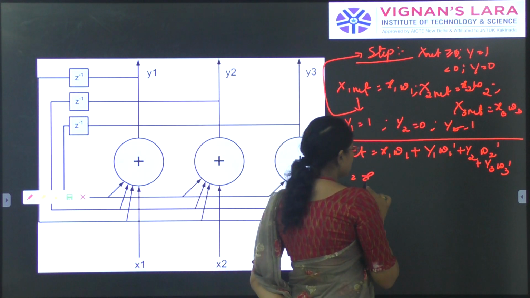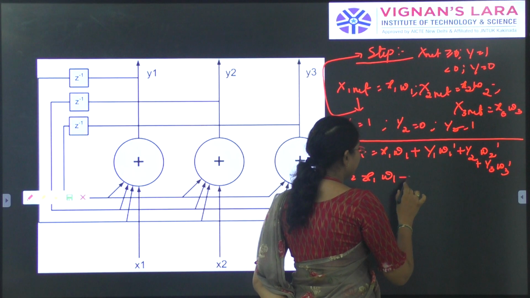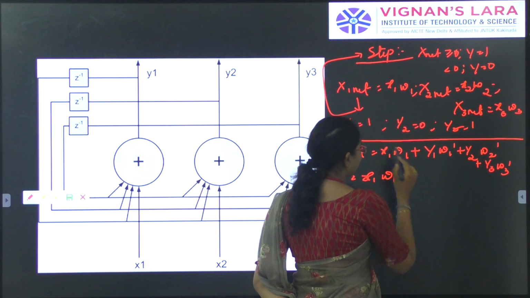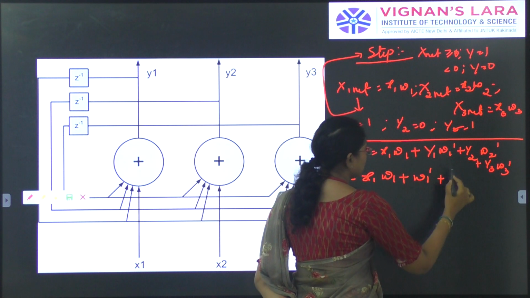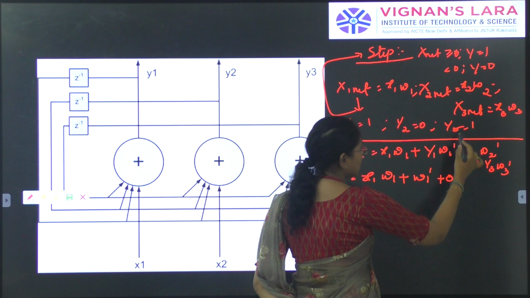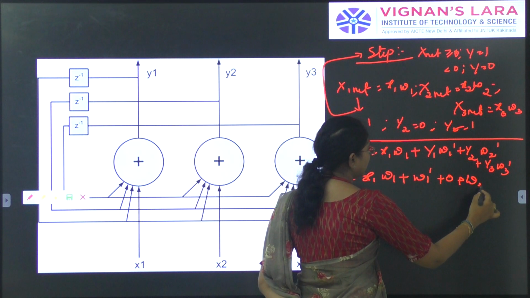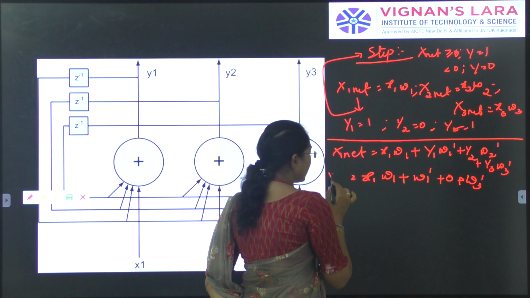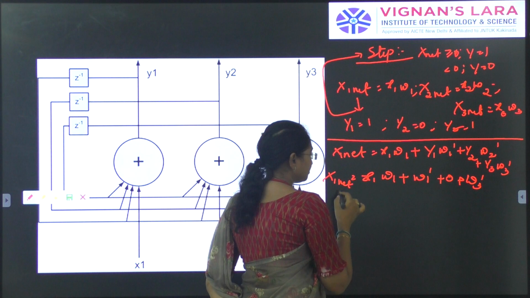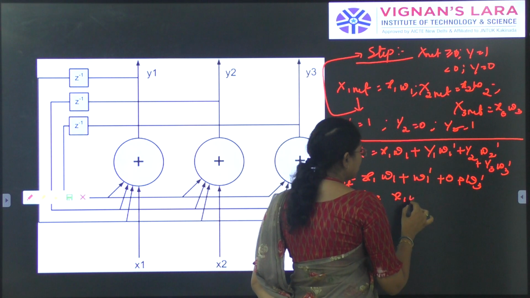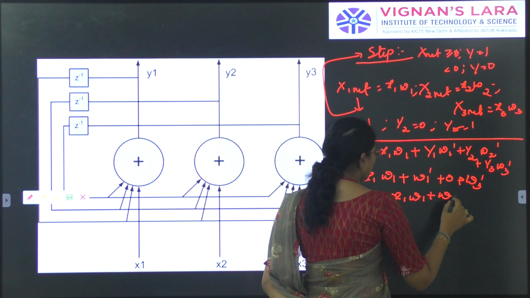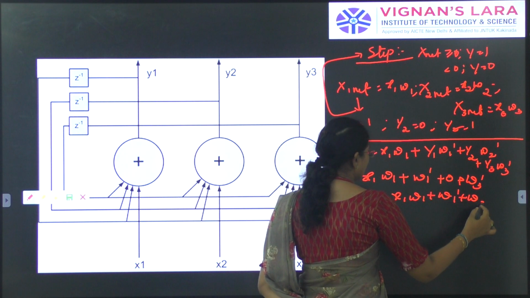You don't know, so simply you write x1 w1. What is y1? 1, so 1 into w1 dash. What is y2? 0, so 0. What is y3? 1 into w3 dash. So finally you are getting x1 net as x1 w1 plus w1 dash plus w3 dash.